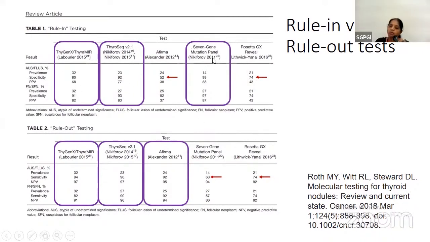And this is an old article published in 2011, the so-called 7-gene mutational panel, but now they don't talk about it anymore. Now, if you look at rule-out testing, that is where your Afirma actually performs well with a high sensitivity and a high negative predictive value, but these also perform equally well, that is Thyroidectomy and Thyroidectomy. So these two have good rule-in as well as good rule-out. Afirma is a good rule-out test.